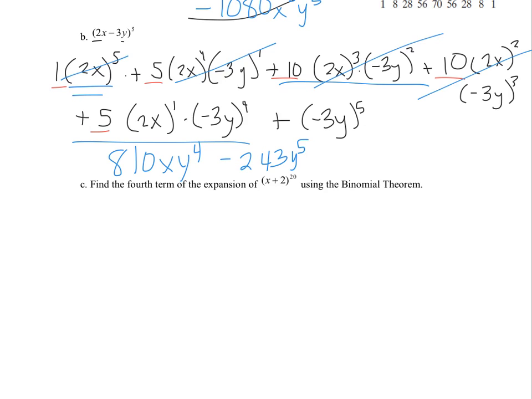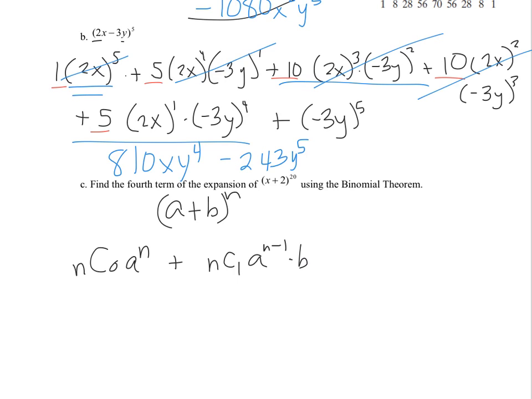So the binomial theorem is that if you have a plus b to the n power and you expand it, this can be written as the first term would be n choose 0 times a to the n. The second term would be n choose 1 times a to the n minus 1 times b.